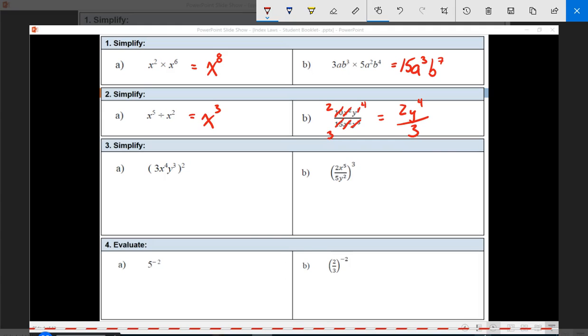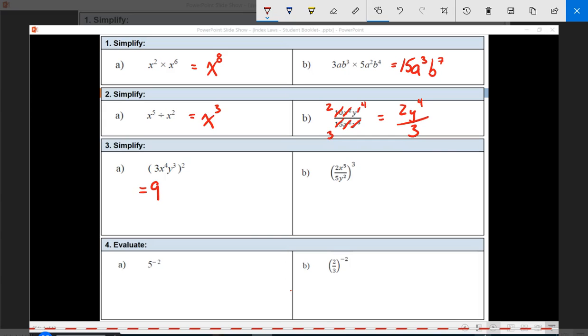Alrighty. With this next one, guys, we need to remember to distribute that squared to every single part of that term. So I have to give that squared to the 3 as well. So this is 9. 3 squared is 9.